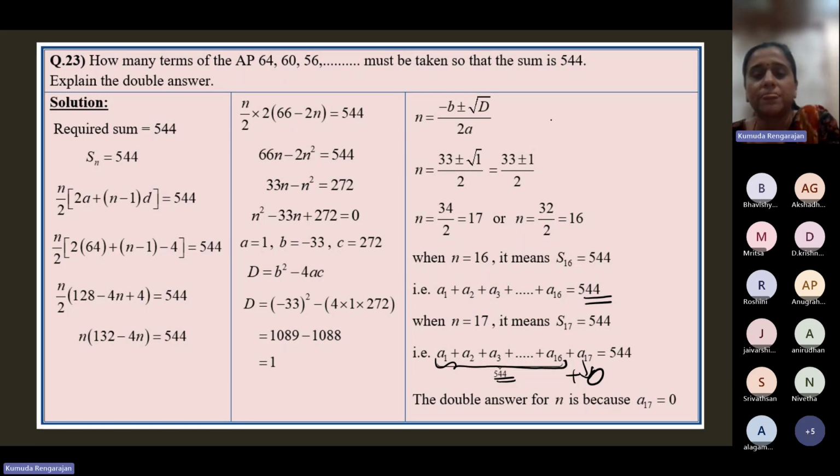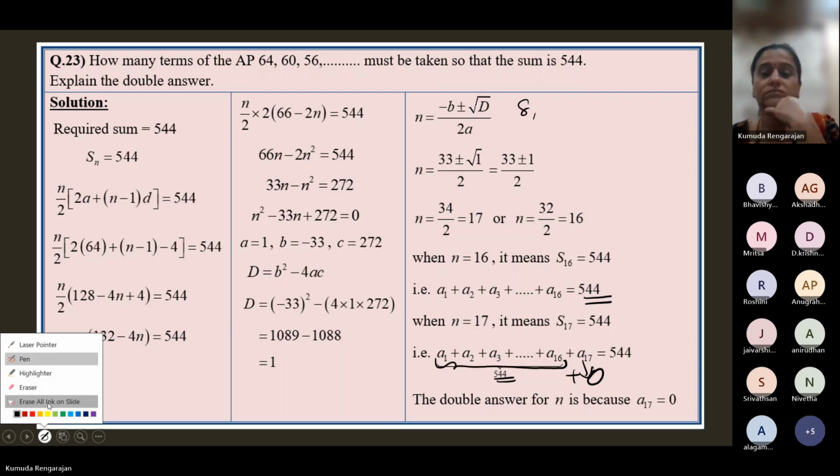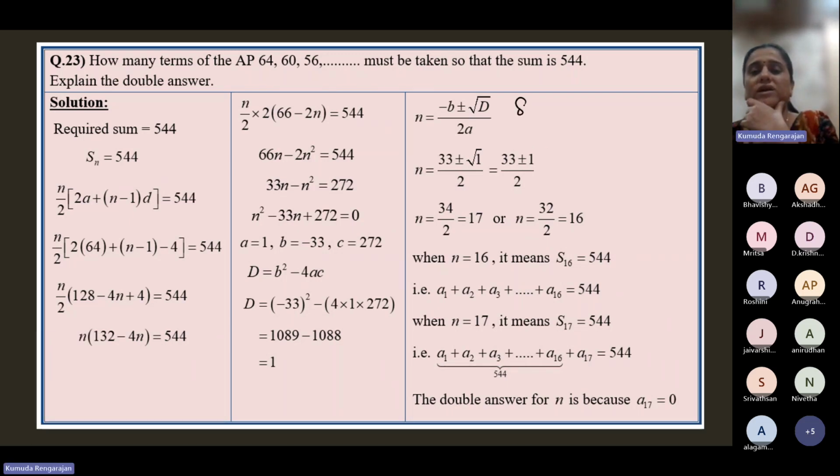See, for example, consider this AP: 12, 8, 4, 0, minus 4, minus 8, and so on.